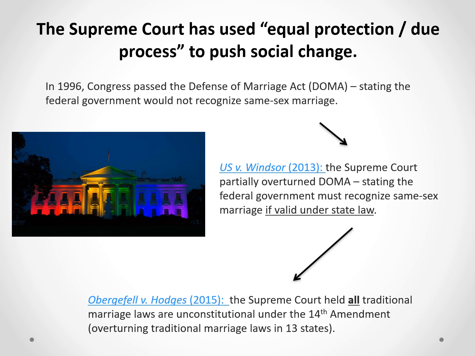Okay, so the Supreme Court, at the cutting edge of change, not only did they overturn a law passed by Congress, DOMA, they also overturned state laws against same-sex marriage. And Anthony Kennedy was the swing vote in these cases, and you know, he tended to make his decisions based on emotion.